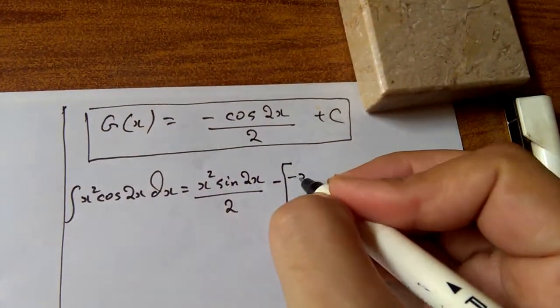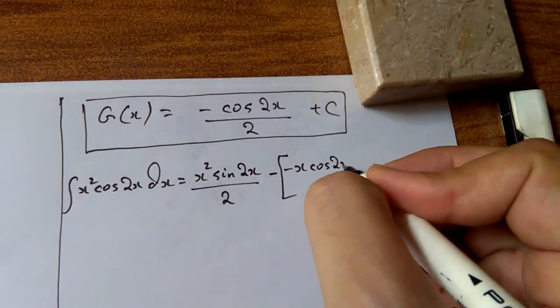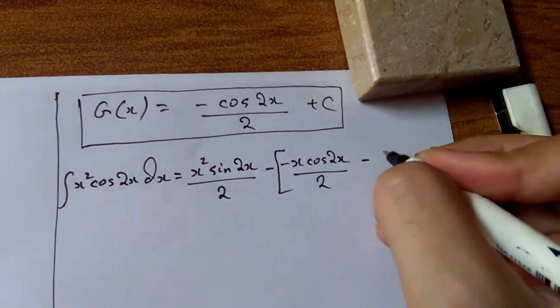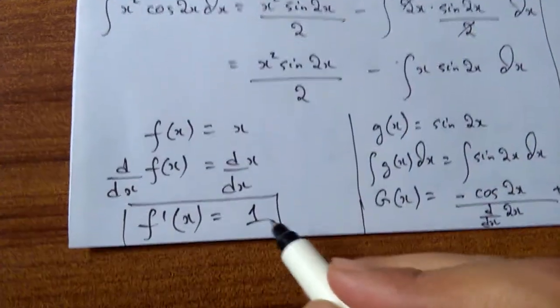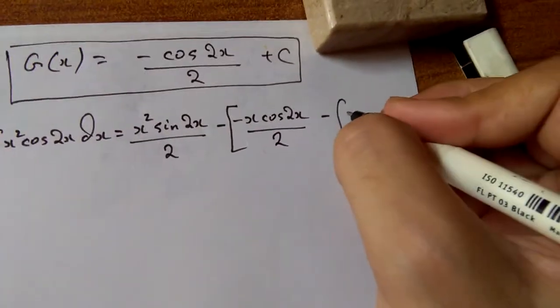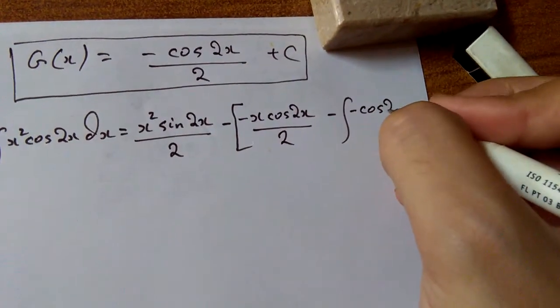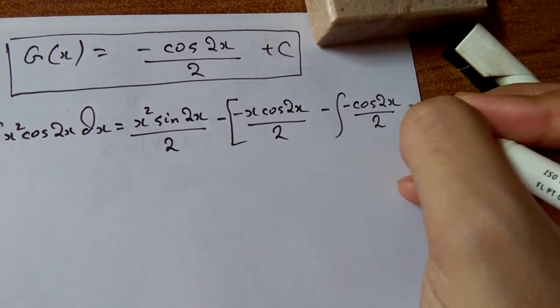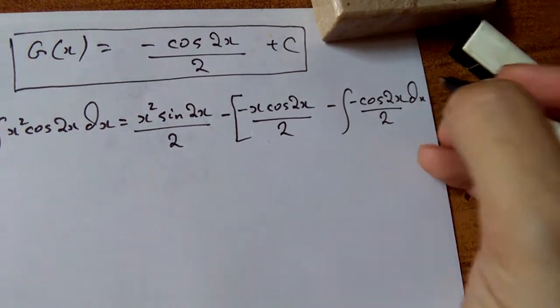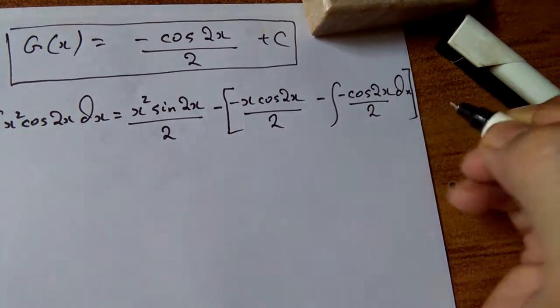It's going to be minus x cos of 2x upon 2 minus integral f dash x is your 1, g of x is this. Now we need to write 1 because it is understood, into dx, and you then close the bracket.